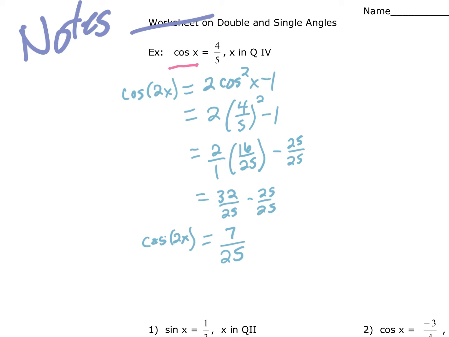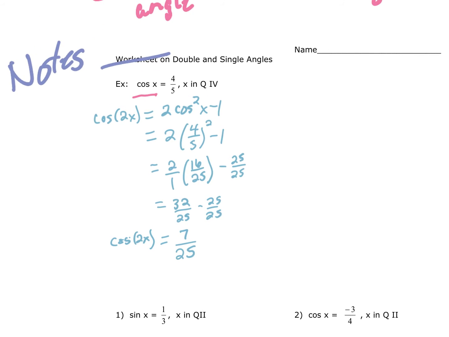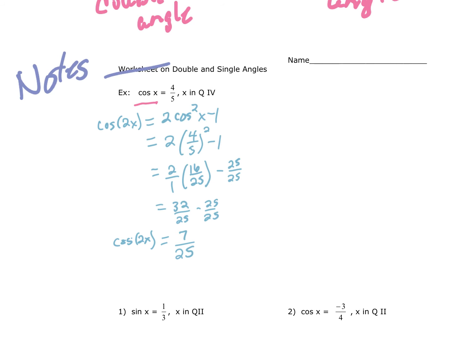More often than not, though, if you're given a single angle, then you're going to have to find the sine of the double angle, the cosine of the double angle, and then the tangent of the double angle. So the directions will usually say, given this information, now find the sine, cosine, and tangent of 2x, or the double angle, okay? So that's what we're searching for.